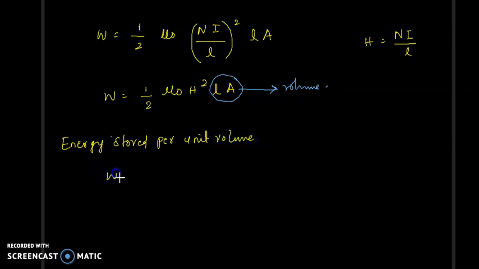So W per volume is half mu naught H squared. So half mu naught H squared is energy per unit volume, or energy density.